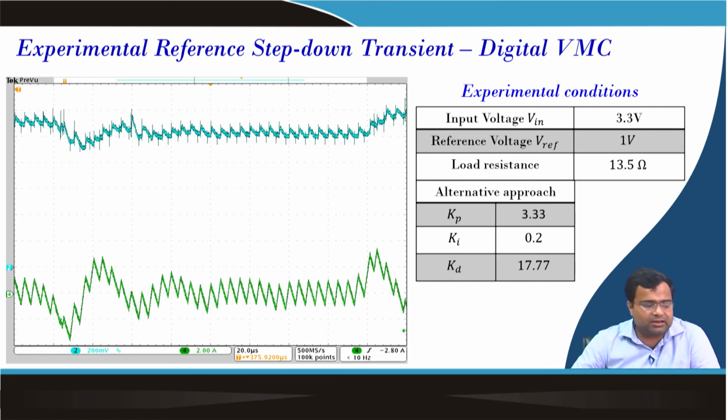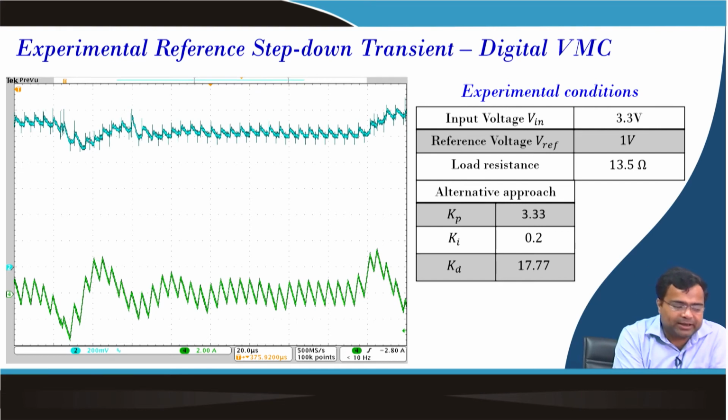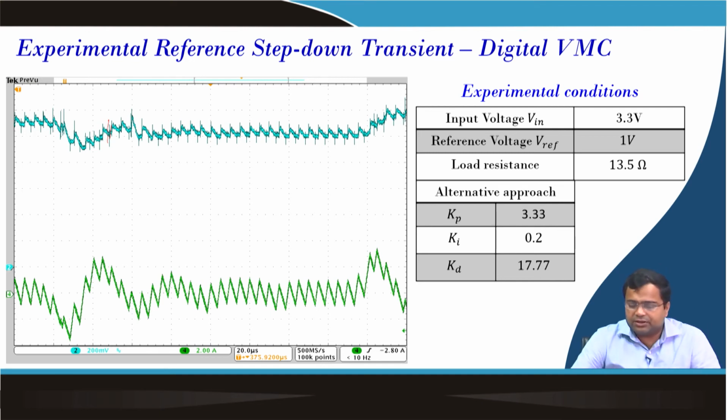And the step down is coming within this time period, which is around 30 microsecond with an additional undershoot of roughly around 100 millivolt. Okay. So, that means we have designed the voltage mode controller for both step up and step down using our alternative approach.